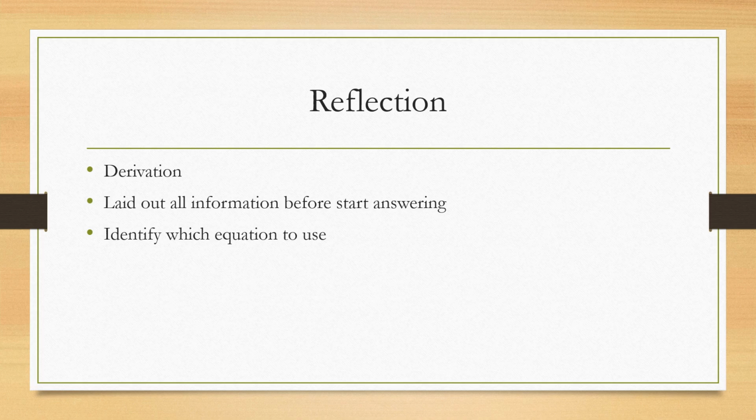Based on what information we have, we can identify which equation is suitable to use to solve the problem. Lastly, overall, we have learned how to solve problems using the four linear motion equations.